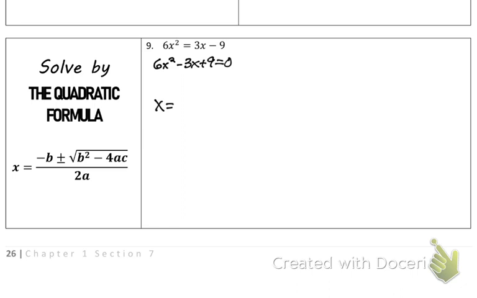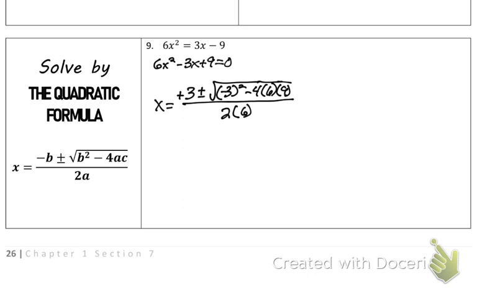Well, our b is already negative, so it becomes a positive 3 plus or minus the square root of b squared, which would be negative 3 squared, minus 4ac. So that'll be 4 times 6 times 9, all over 2a, well, that'll be 2 times 6.